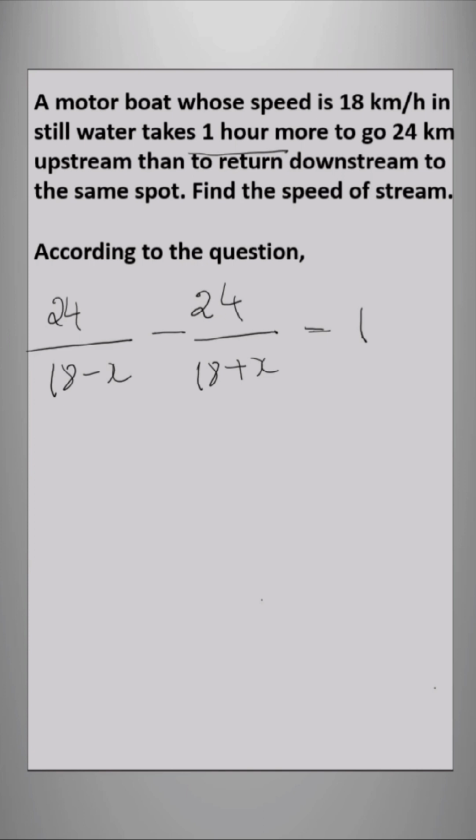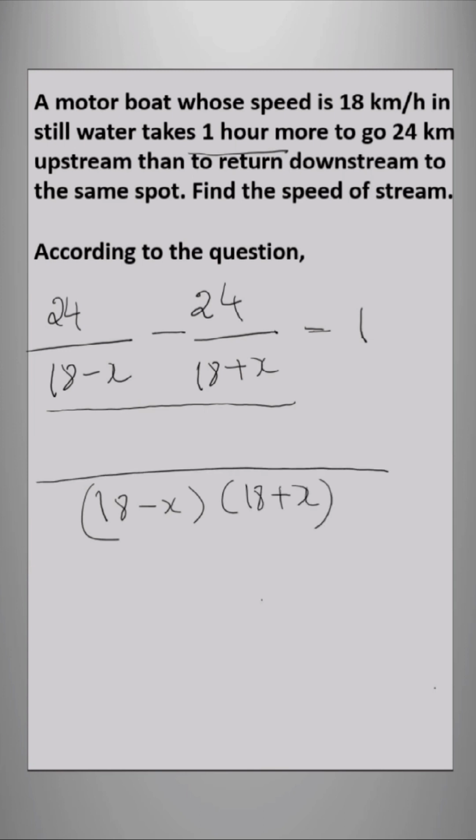Now let us solve the equation. First let us take the LCM. What is the LCM? 18 minus x into 18 plus x. Here 24 is common.